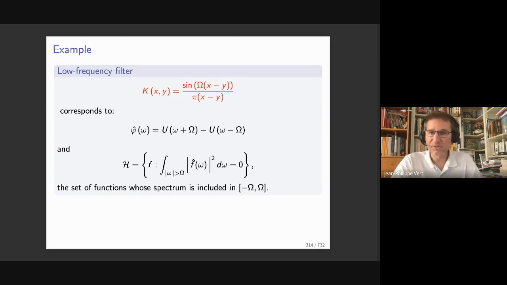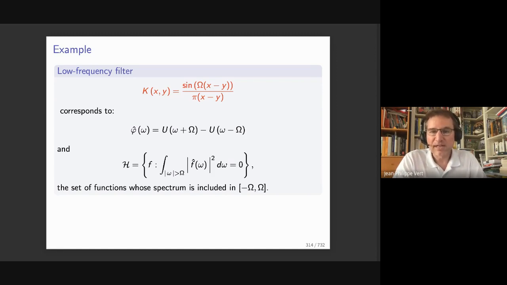So in signal processing, this is something that you may have seen if you studied that before. Sometimes you call that a low frequency filter. Say that you have a function and then you create a new function that mimics it, but that stays in the frequency domain in a finite range.